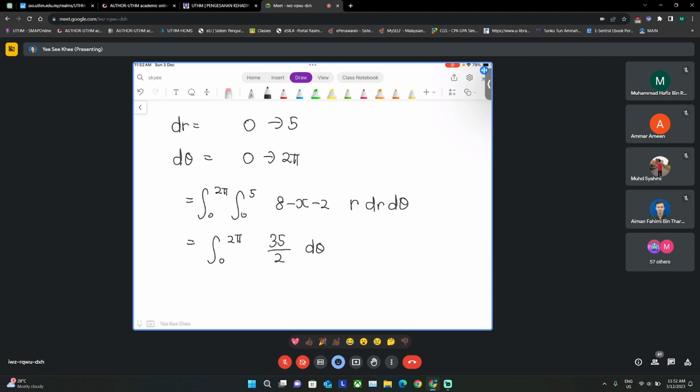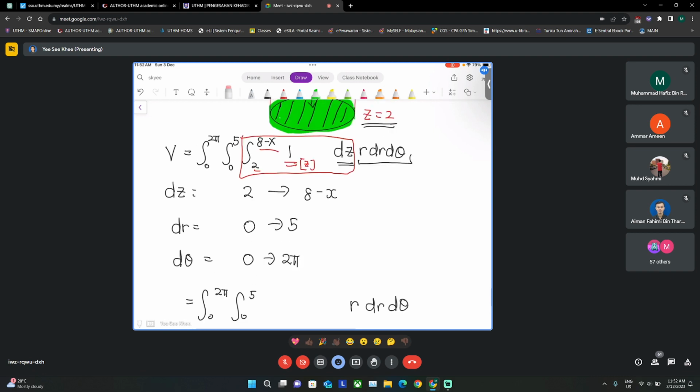Oh, right. Sorry, I made a mistake, because I haven't converted. This one I have to convert, because I want to solve using cylindrical coordinates. So it can't be x, but you have to convert it to r cos theta.